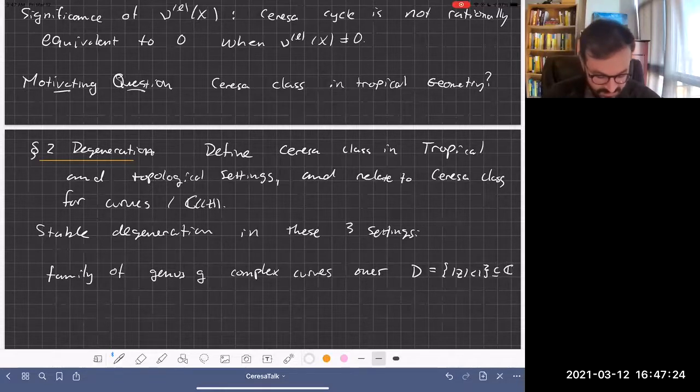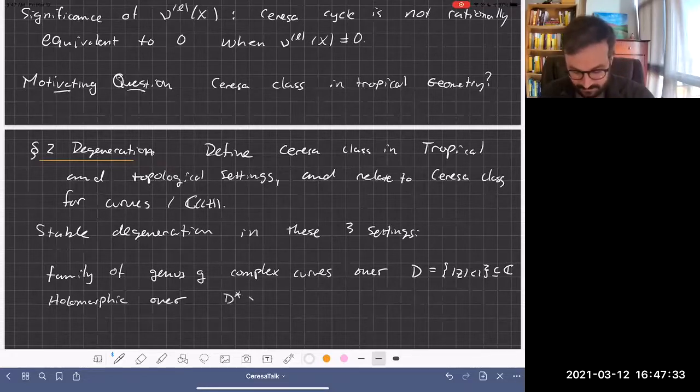Let's say it's holomorphic over the punctured disk, and then over 0, the curve is a stable curve.